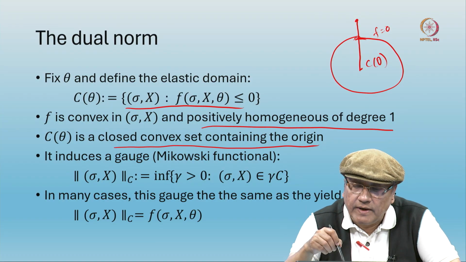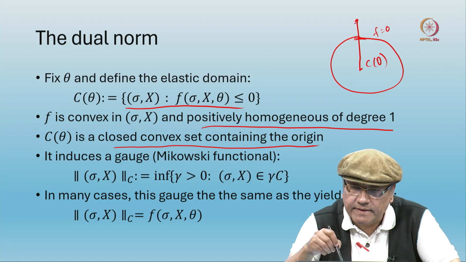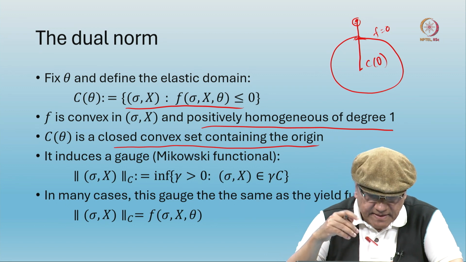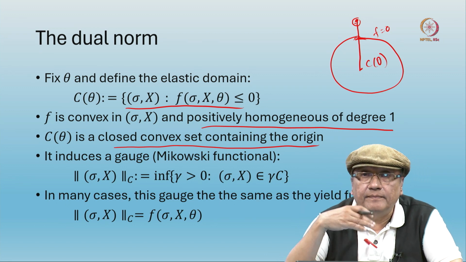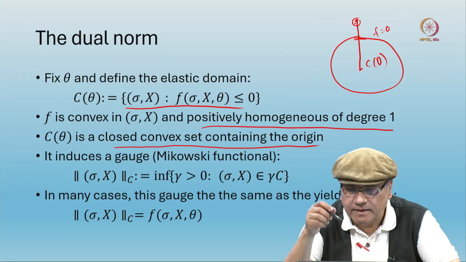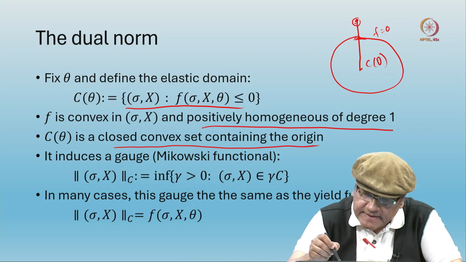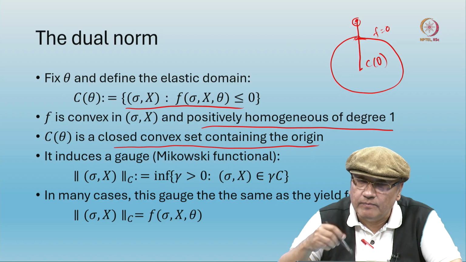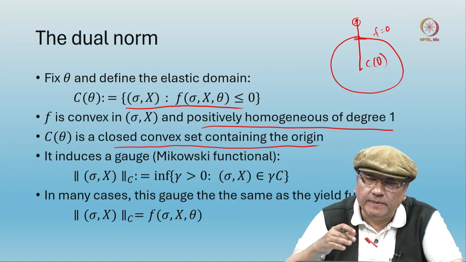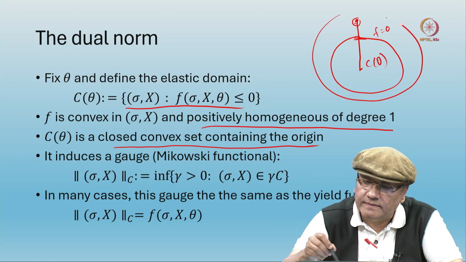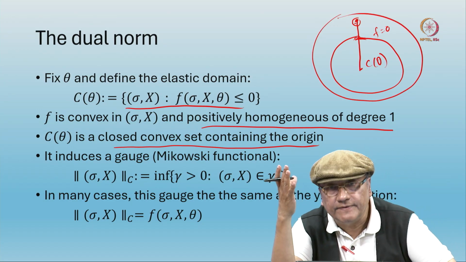So, if the stress is at this point, then it would mean that there will be some kind of a scalar multiplier of the set C, by which if you multiply it, it is like a circle, right, C theta is a sphere. If you multiply it by a scalar, typically if the scalar is greater than 1, then this thing will increase, right, it will become a bigger sphere.